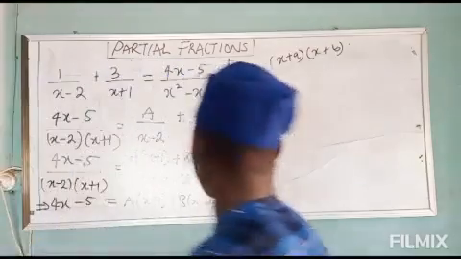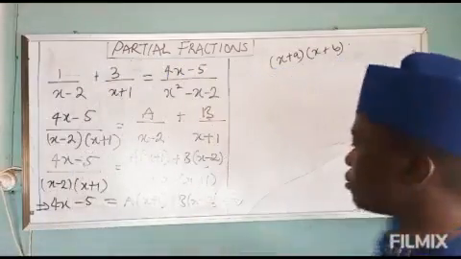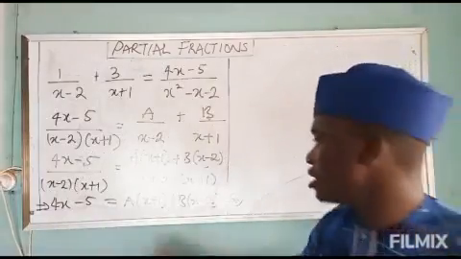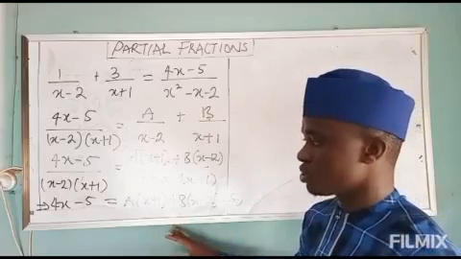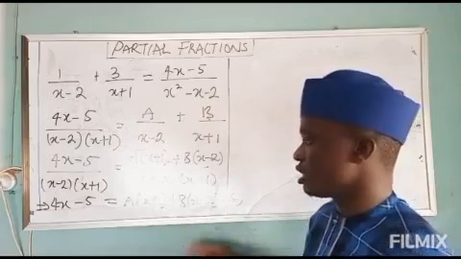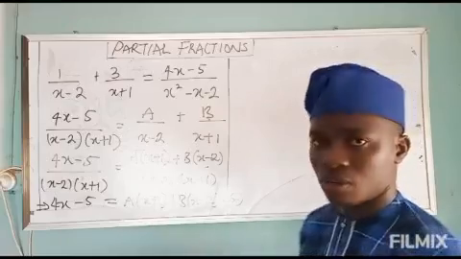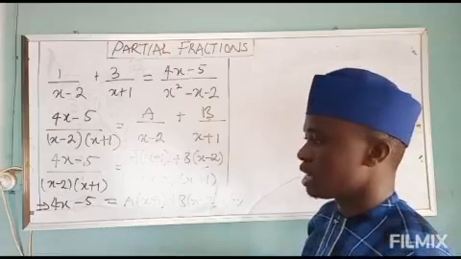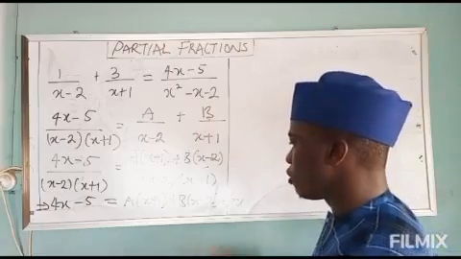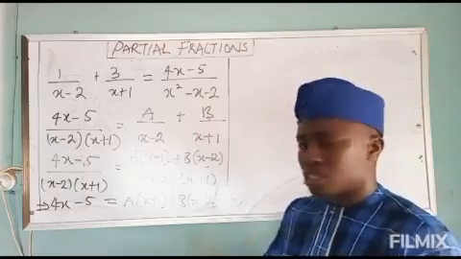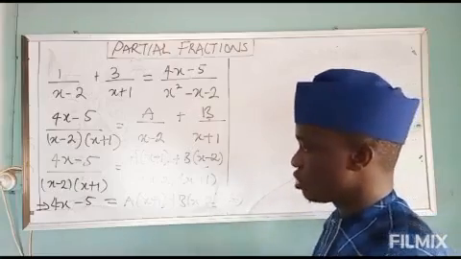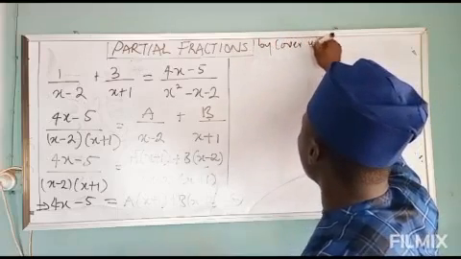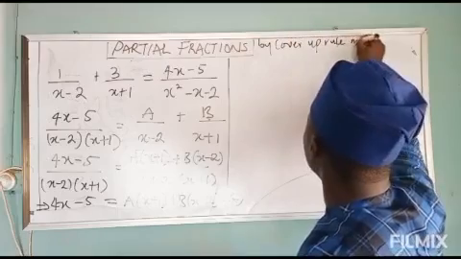So we have equation star. So now this is what we are going to look at. From here we have two ways of solving, of getting this A. Understand? We have the cover-up rule method, and at the same time the comparison method. From here I will be choosing the shortest one, which is the cover-up rule method.